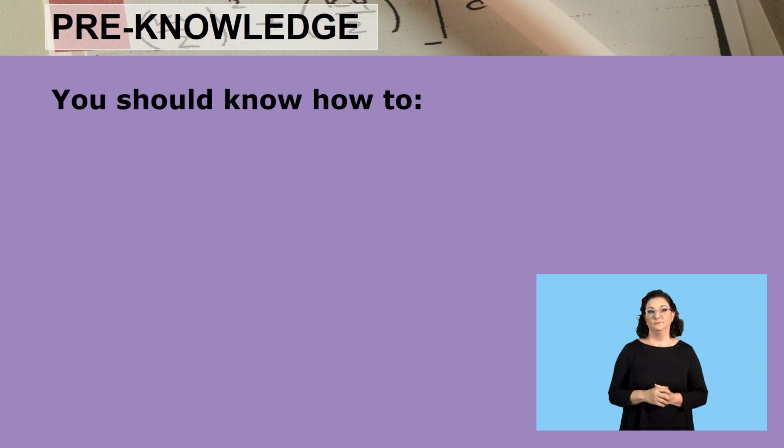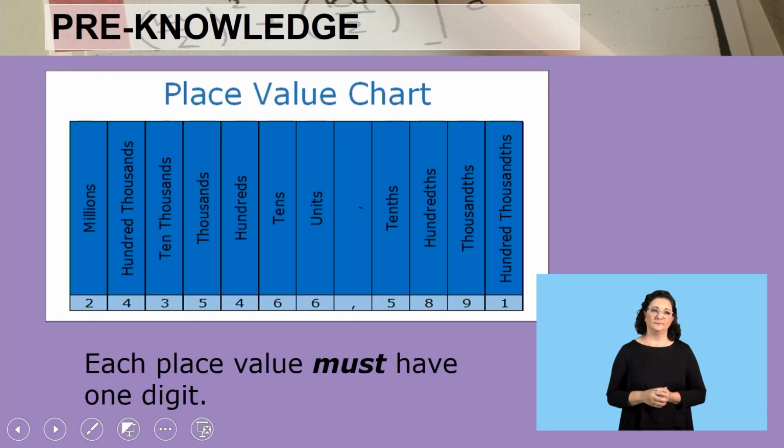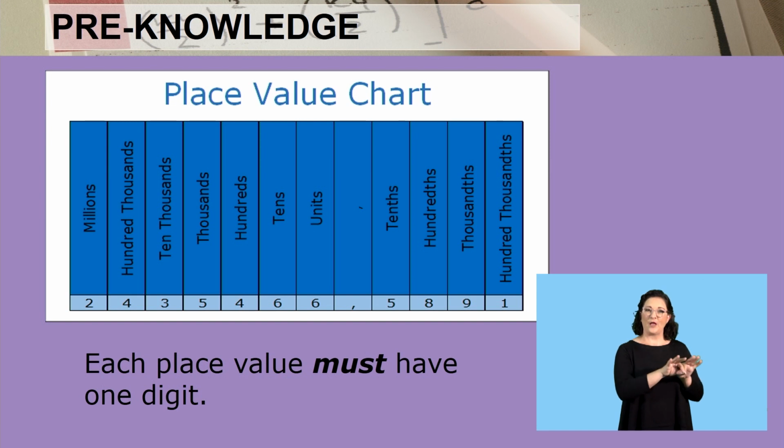You should know how to use column addition for addition and subtraction. But we're going to look at an example after this slide. This is our place value chart, which speaks to the position of each value for this particular number here.